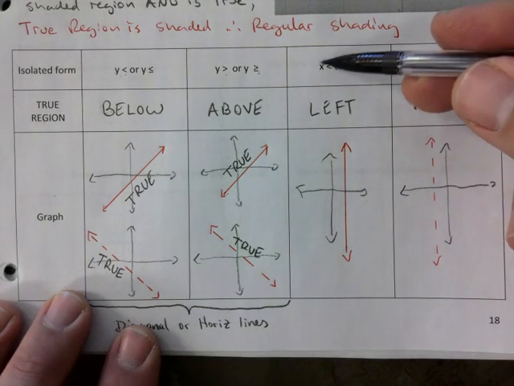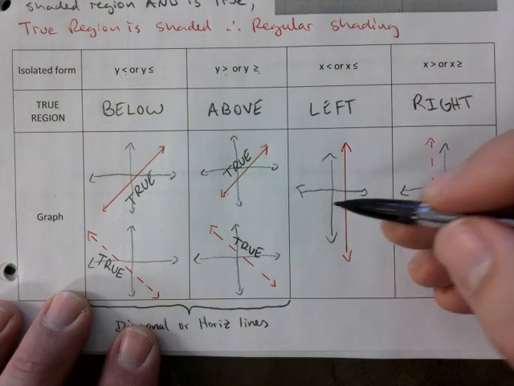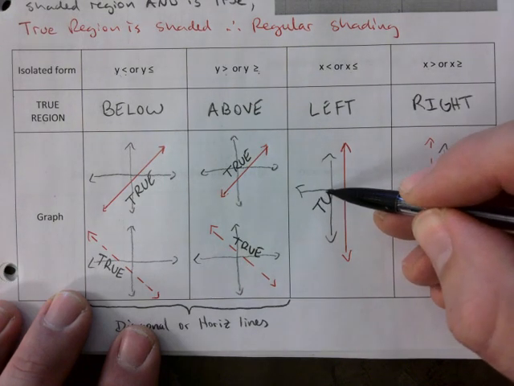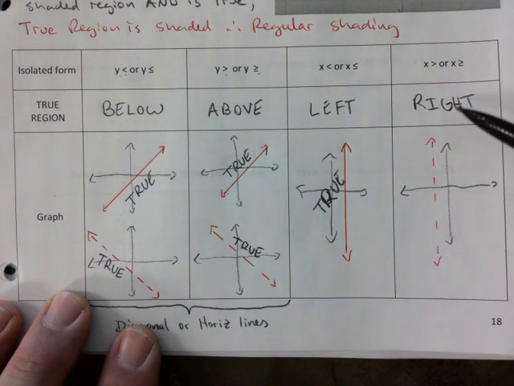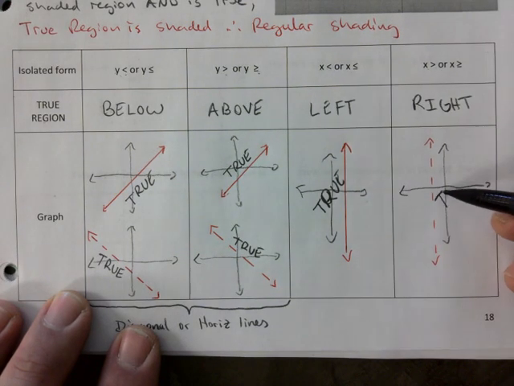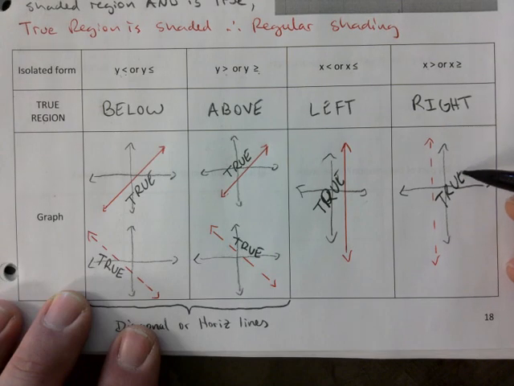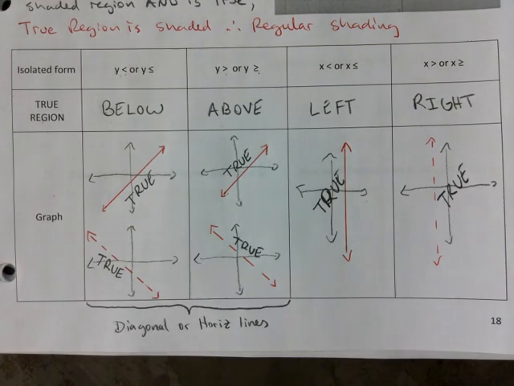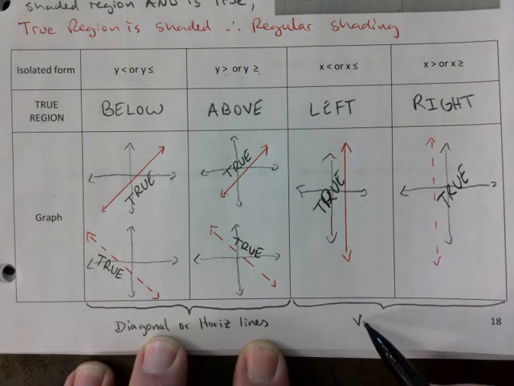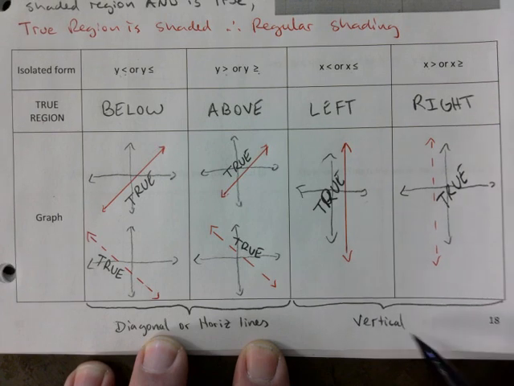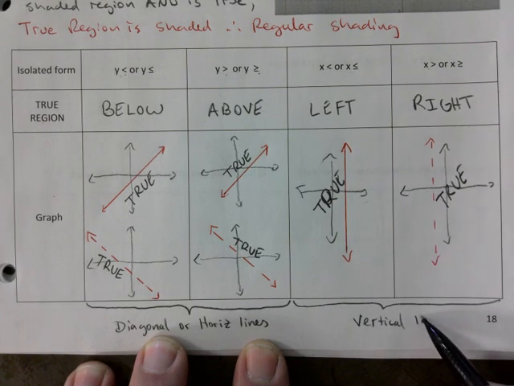So if you isolate and you end up with that, then the true region is to the left. If it's like this, then the true region is to the right. And at the bottom here, I'm going to make a bracket like this. Vertical boundary lines.